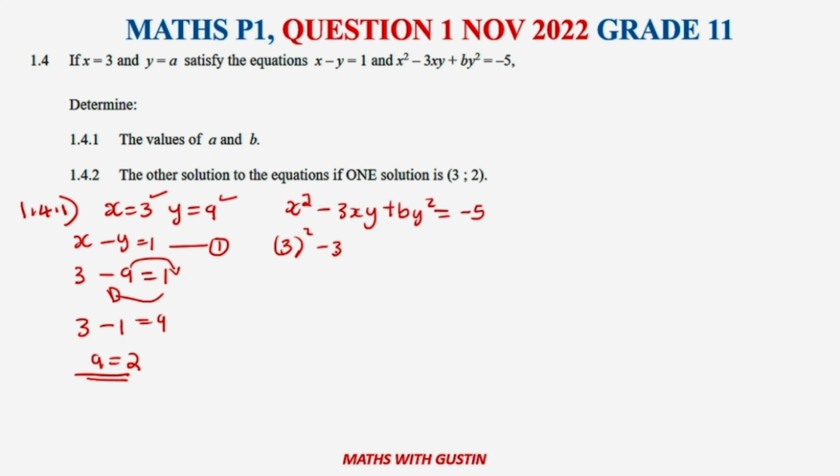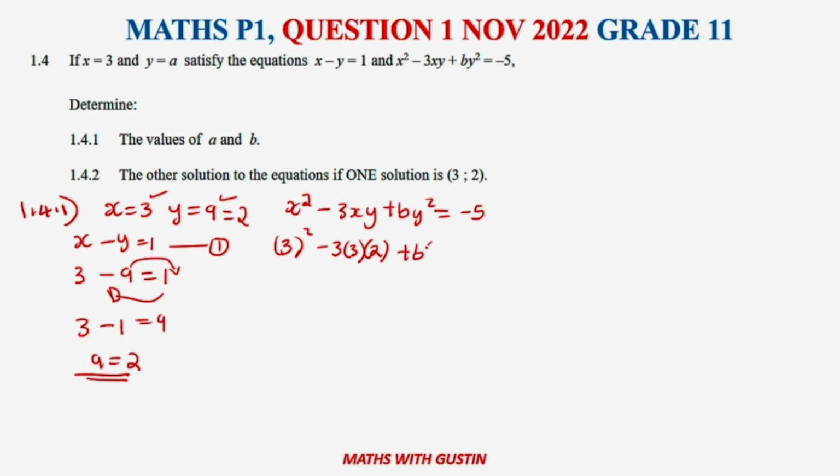Where there's x we put 3. Where there is y, we're going to put a, but we know that y and a are equal, and we already know that a is equal to 2, therefore it means also y is equal to 2.